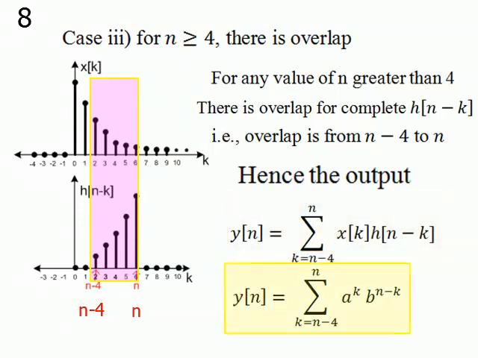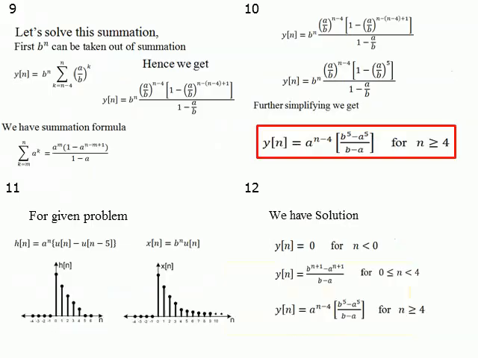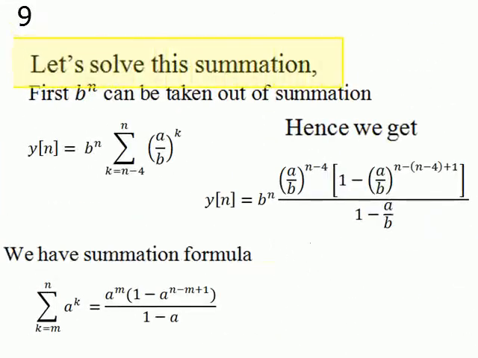Substituting x of k and h of n minus k, we get y of n equals summation of a raised to k, b raised to n minus k, same as before, but the limits will change from n minus 4 to n. Let's solve this summation here. First we can take b raised to n outside. Hence we get y of n as equal to b raised to n summation k equals n minus 4 to n of a by b whole raised to k.